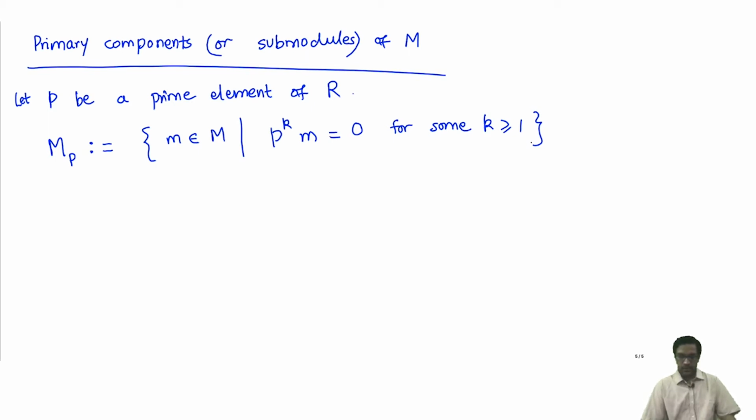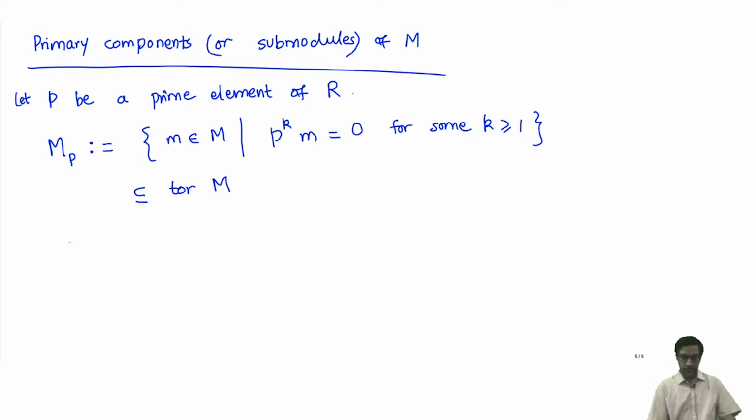So what does this mean? It's like a torsion element in some sense. So observe the most obvious inclusion here. An element in M_P, of course, means it's a torsion element because it's killed by some power of P. And since P is non-zero, a power of P can't be 0 also. So this is a special kind of torsion element which is killed by powers of the fixed prime P.